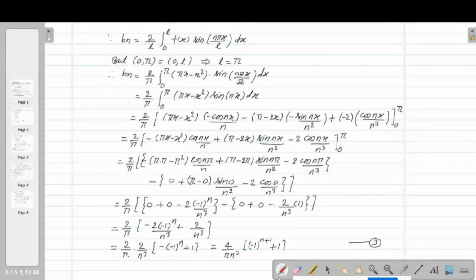Now substitute this value in equation number star. So now putting the value of bn in equation number star, we get f of x is equal to what?